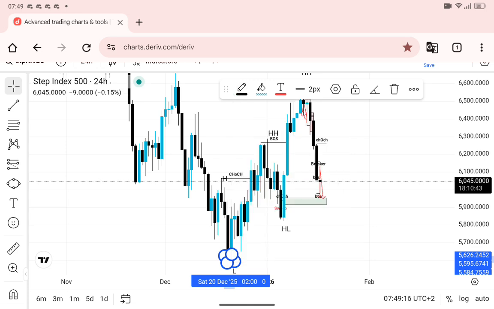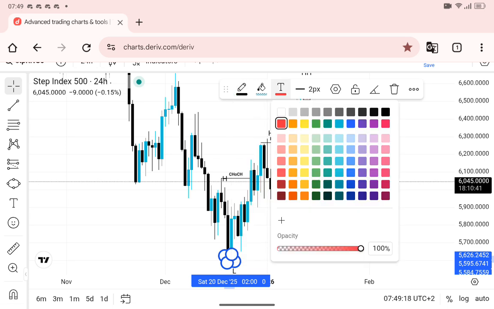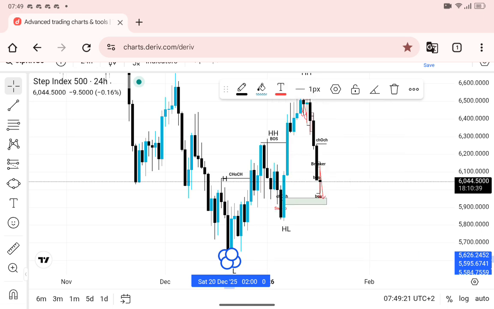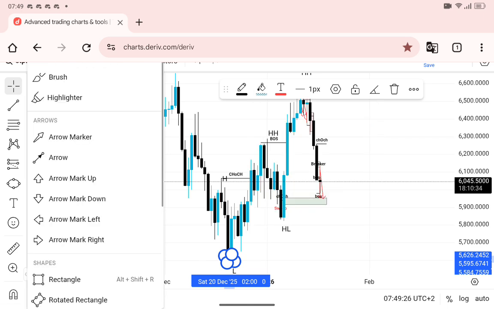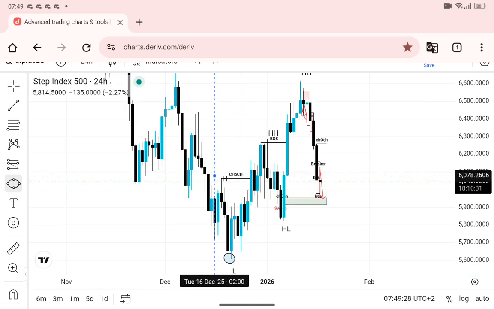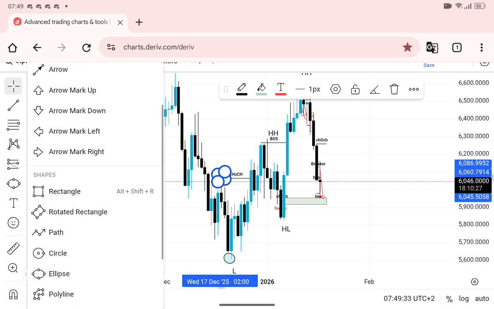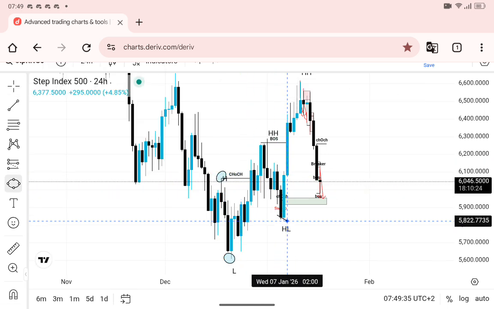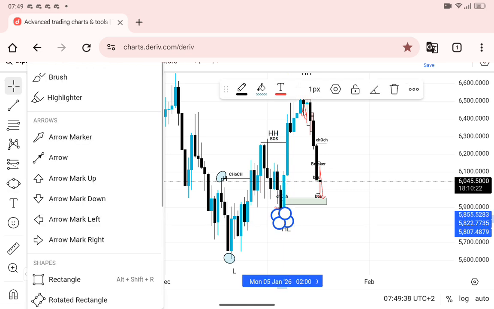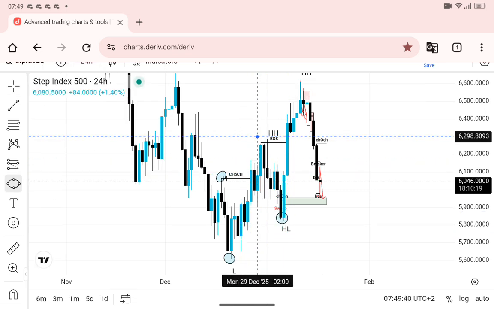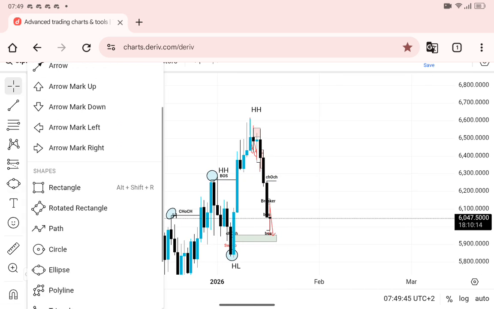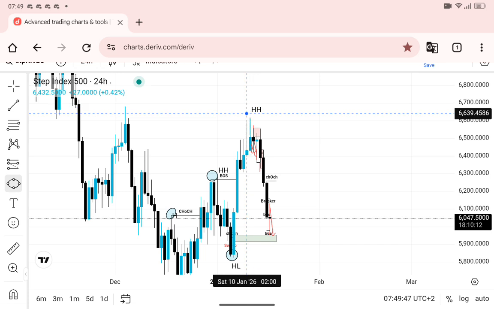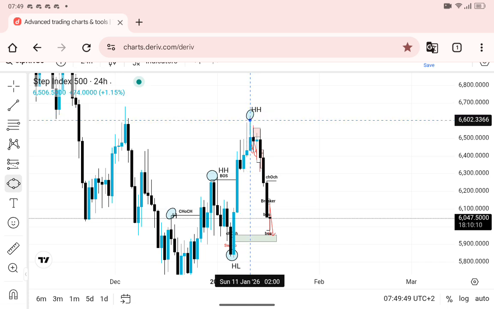You are looking at external because you are on daily. You are looking at an external structure. Note this down. You are looking at an external structure. Swing low, swing high, swing higher low, swing higher high, swing higher high there.